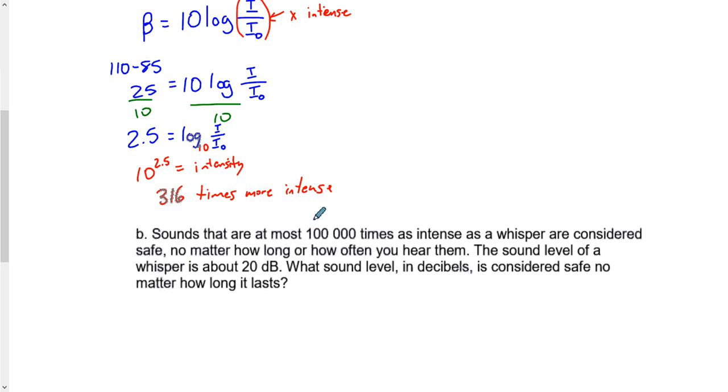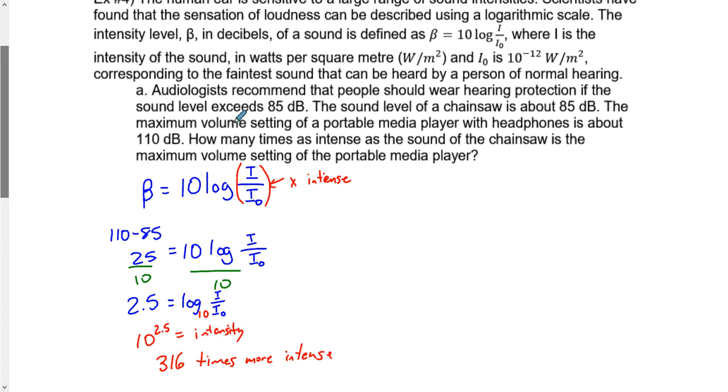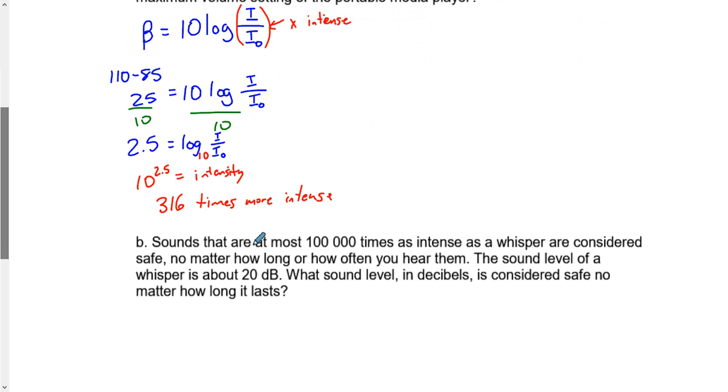Sounds that are at most 100,000 times as intense as a whisper are considered safe. Well, what is that? We need to find out the sound level. A whisper is about 20 decibels. So you can see there's a huge difference between what's considered safe, what's considered not safe, and a whisper.